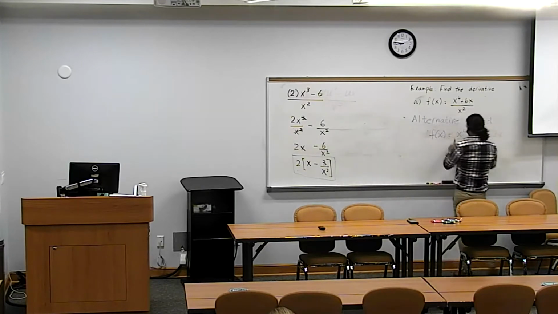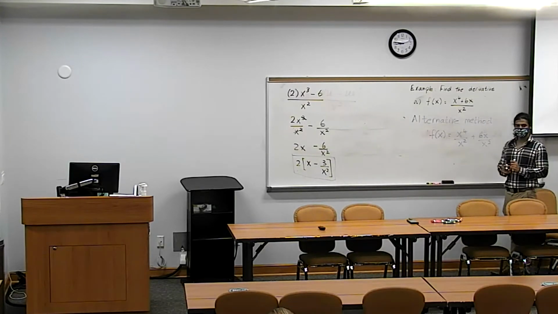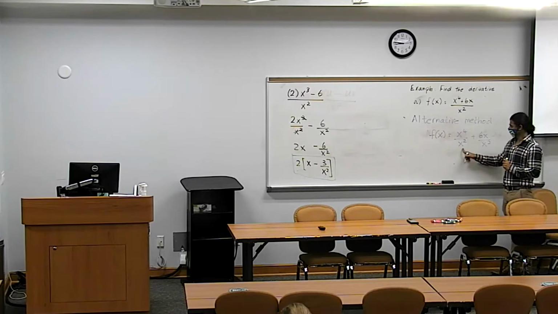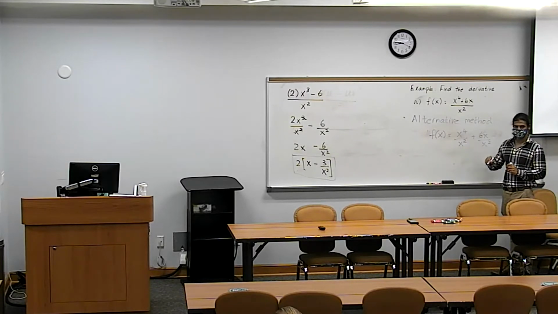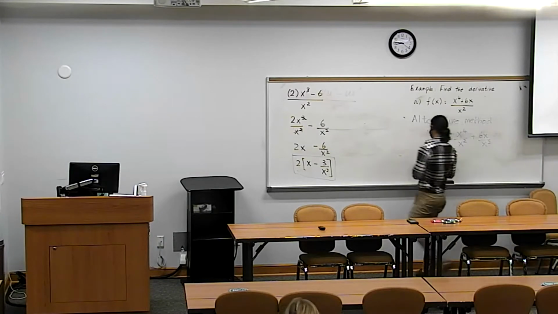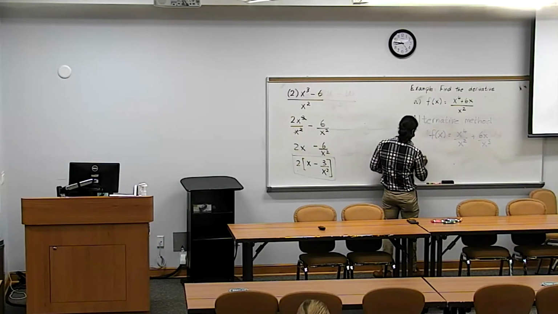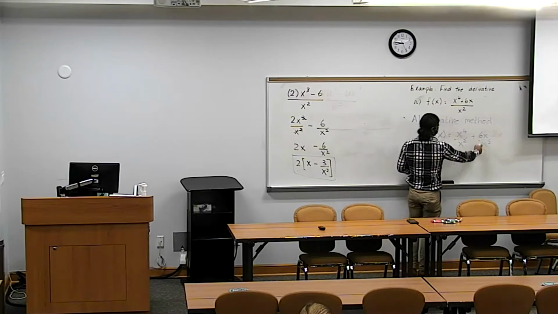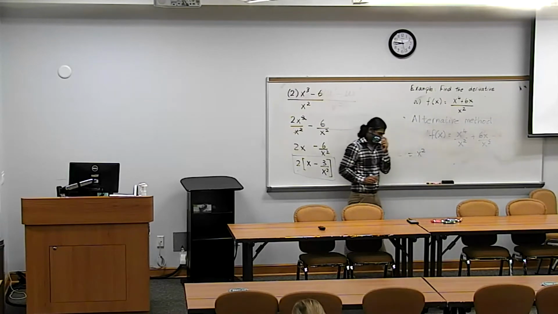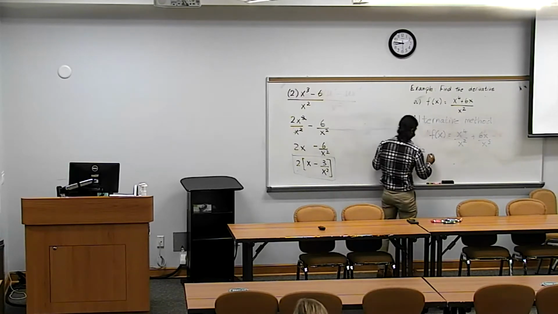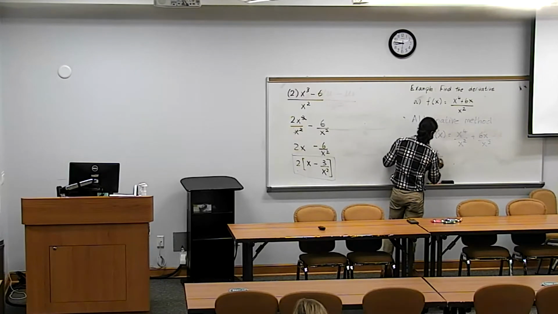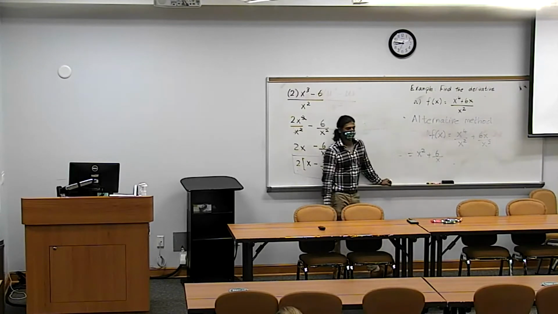What would happen to those two terms? x squared, x raised to 4. If they cancel, I would end up having x squared. I have x squared, x would get cancelled, and I would have 6 over x. Correct?